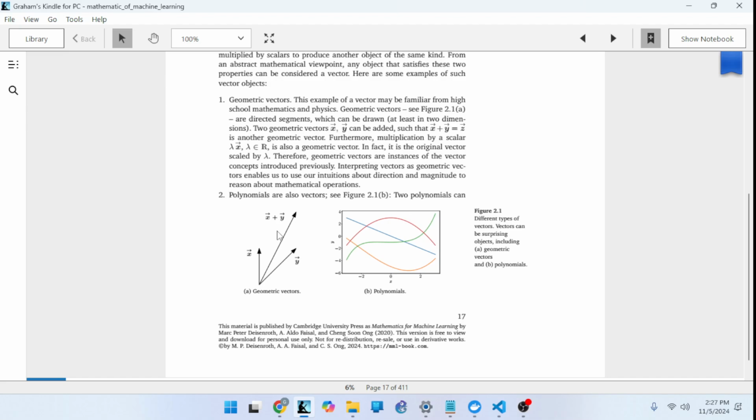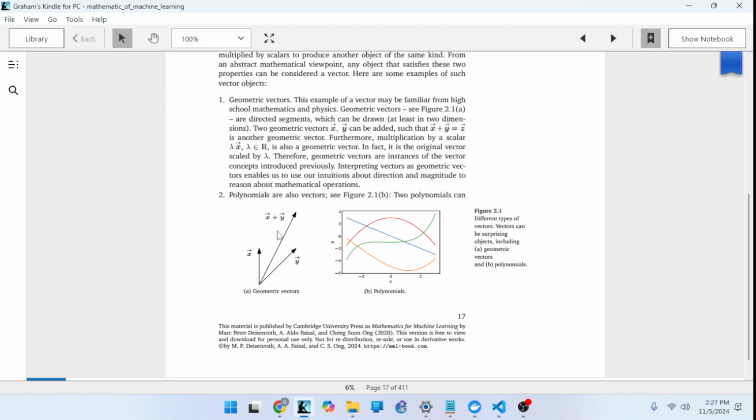Okay, then we have two geometric vectors, X and Y. We know they are because of the arrow symbol on top of them. They can be added such that vector X plus vector Y equals vector C, which is another geometric vector.